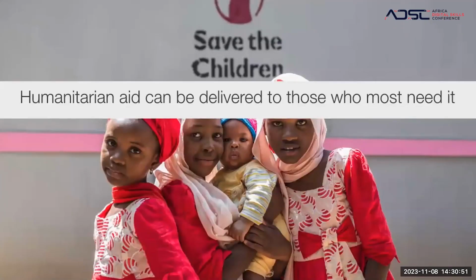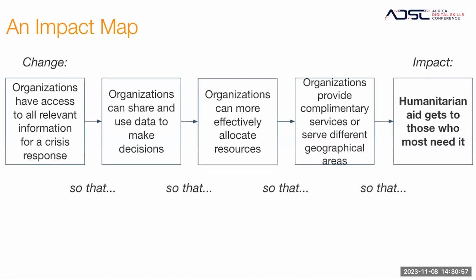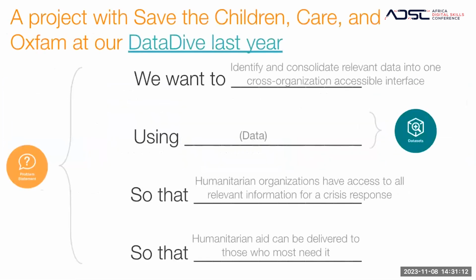Now we'll go back to the humanitarian aid organizations that work towards getting aid to those who need it the most and want to increase access to all relevant information for a crisis response across the sector. So DataKind has actually been working with 3 organizations towards this aim on a project that kicked off a few years ago.